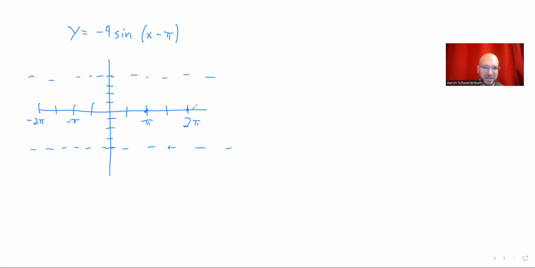And I go down, back to middle. I'll trace it now backwards. Actually, that would have been the same as a sine with no phase shift, a positive sine. But there's my graph.